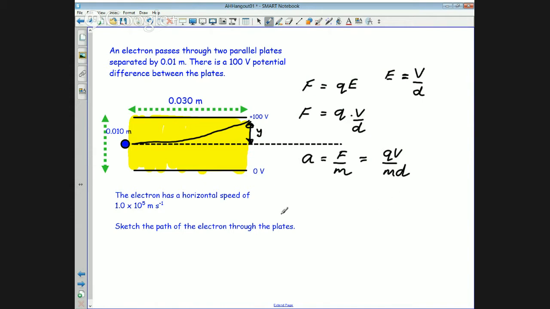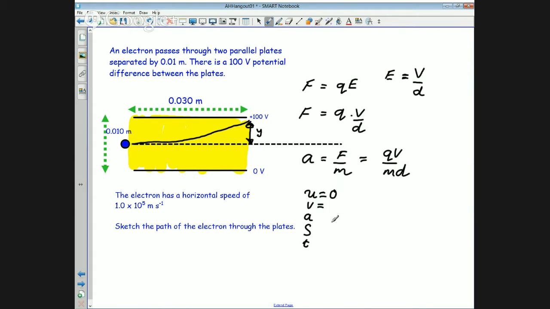And at this point, if we want to find the displacement up the way, we resort back to our linear motion equations. Remember we had U, V, A, S and T. Well, in this particular case, the initial vertical velocity of the particle is 0, so it's just entering into the field.